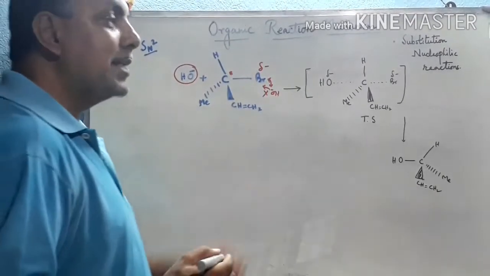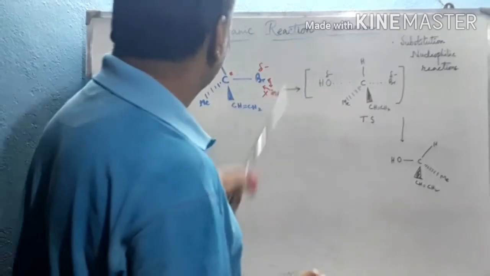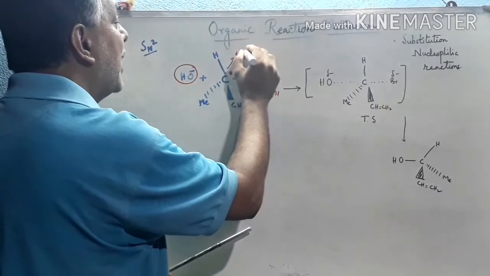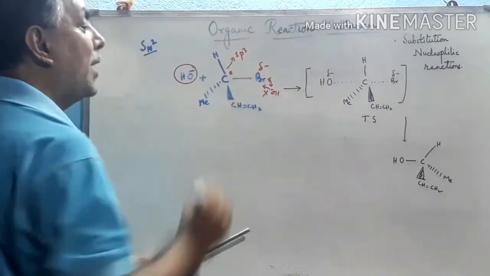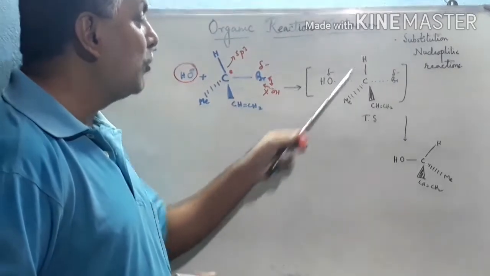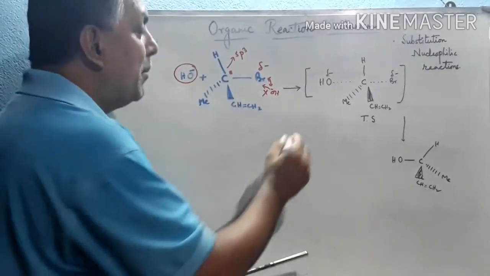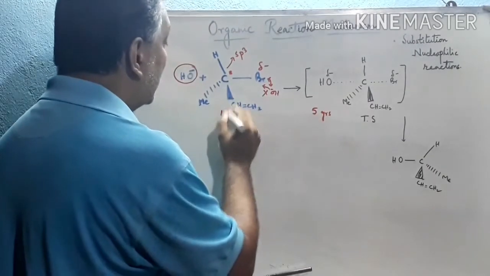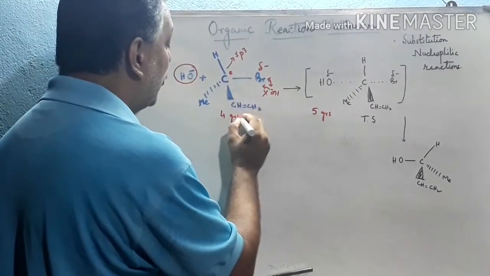This is the transition state. See here, the carbon in the reactant is sp3 hybridized, that means four different groups or atoms are attached. Here in the transition state, five different groups or atoms are attached. After that, the carbon is again attached with four different groups or atoms.